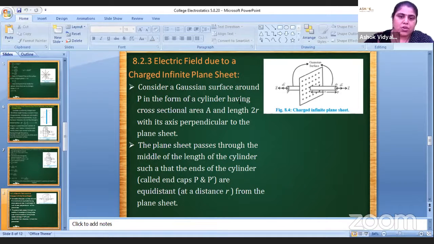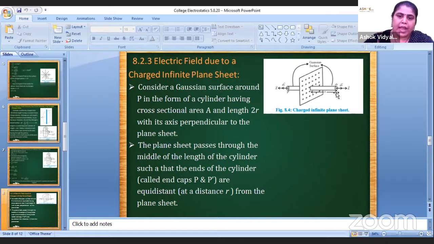Consider a Gaussian surface around P in the form of a cylinder having cross-sectional area A and length 2r, with its axis perpendicular to the plane sheet. The plane sheet passes through the middle of the length of the cylinder, such that the end caps P and P dash are equidistant, at a distance r, from the plane sheet.